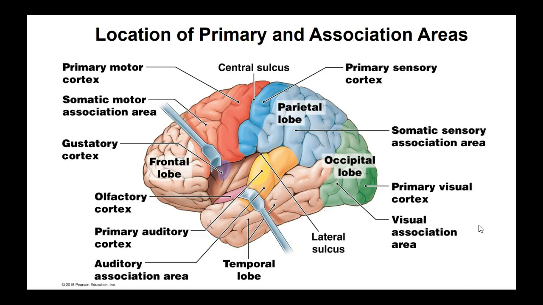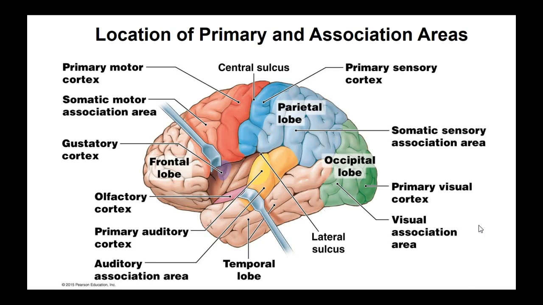All right, so this is a bit of a review of what we just talked about, the lobes and areas. Like I said, if you pulled back that lateral sulcus and peeked in between there, you would see the insula, and that's where you're going to see the primary gustatory cortex. Here we have our frontal lobe, and we have the primary motor cortex here. We have our primary sensory cortex, right?